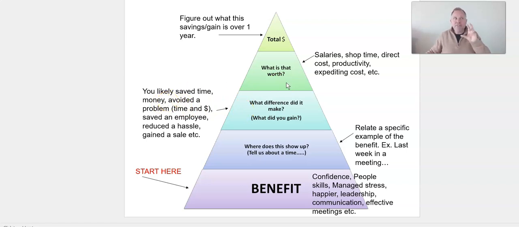Then ask, if I made a difference, what is that difference worth? If it was saving time, the guideline I use is to think of an hour as being worth $250 of what we call shop time. It's just an approximation. A lot of organizations use that as a number to quantify time.